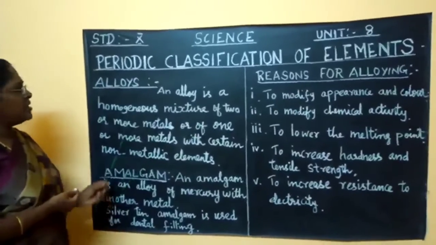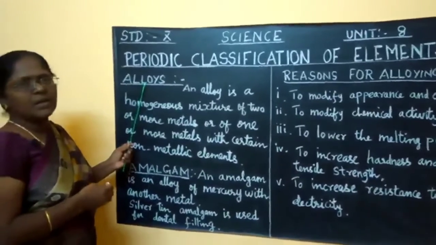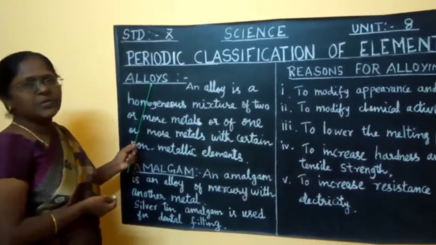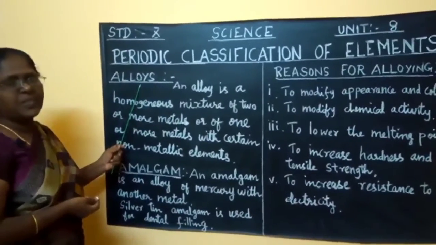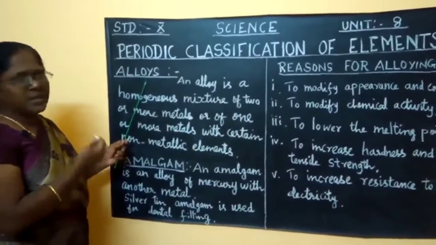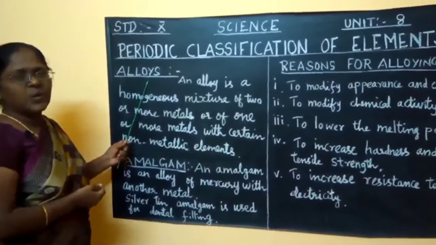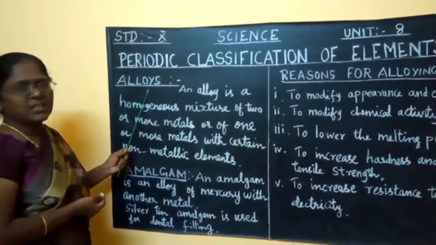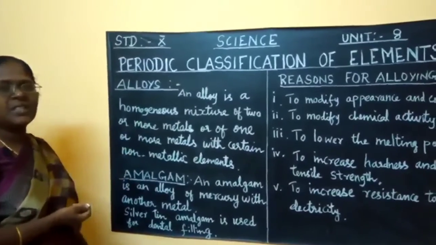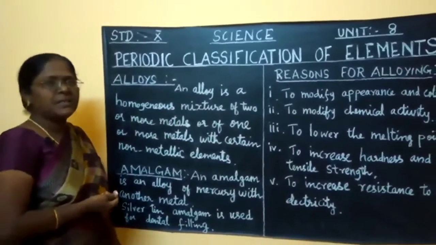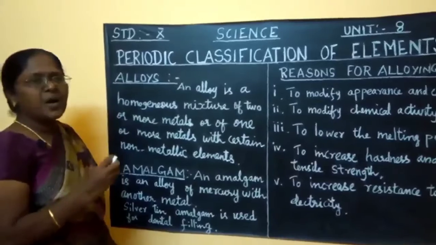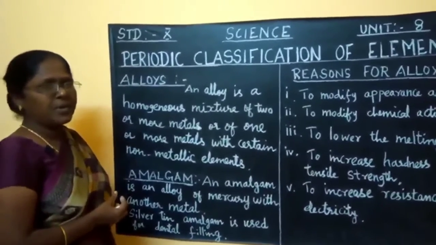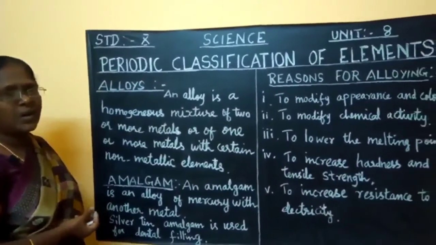The properties of alloys are different from those of its components, that is metals. So here pure gold is too soft, it can break easily. So to increase its strength, we are adding here a small amount of copper to get hard.